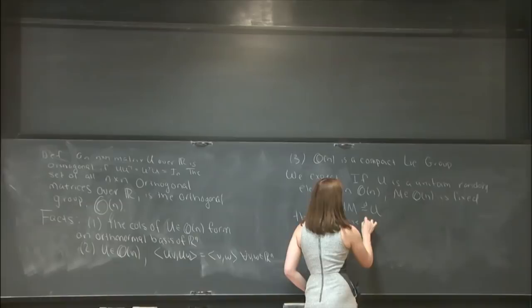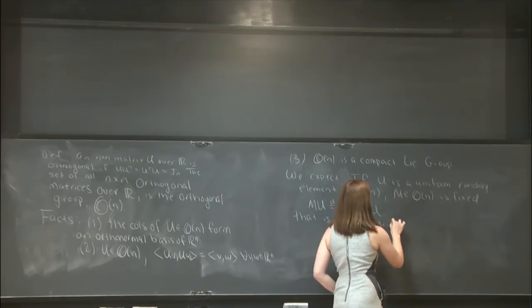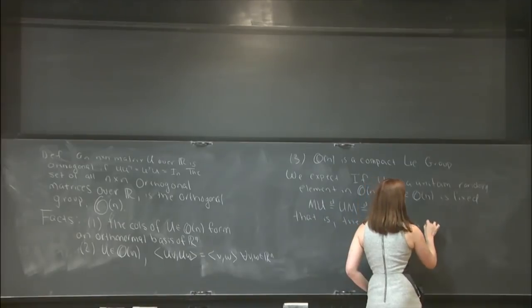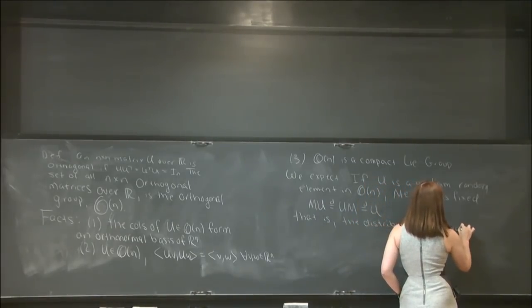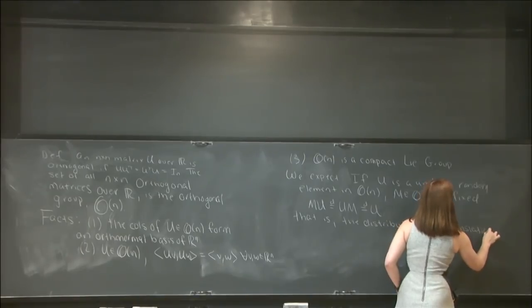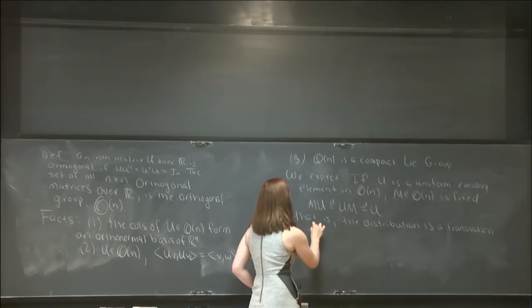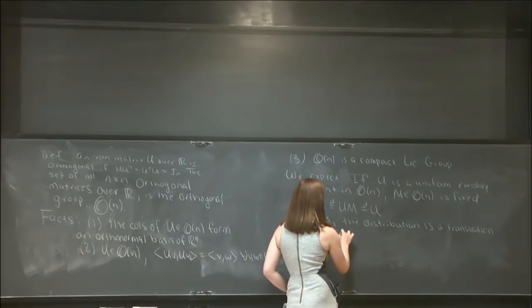And so what this says is that the distribution of our random matrix U is a translation invariant probability measure, say mu.